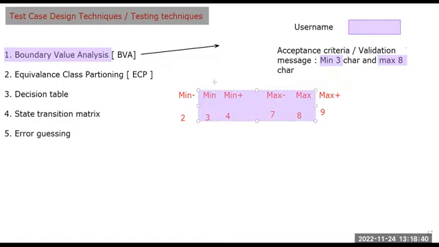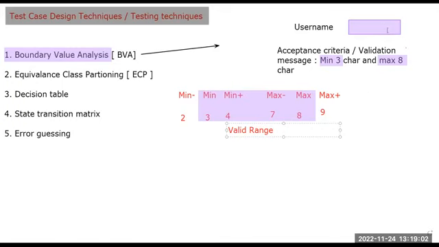So can I call this a valid range? Yes, sir. This is a valid range, because as per the requirement, minimum 3 and maximum 8 is required. If you enter any input between these 3 to 8 characters, it is going to accept it in this username field. So that is the valid range.